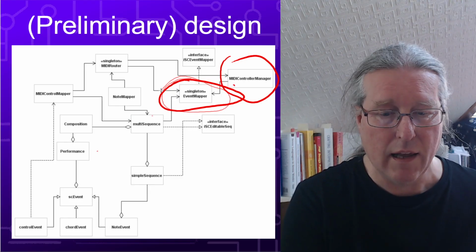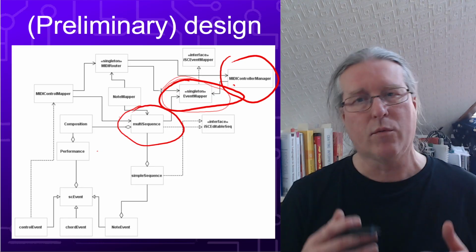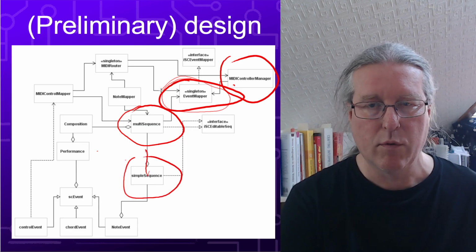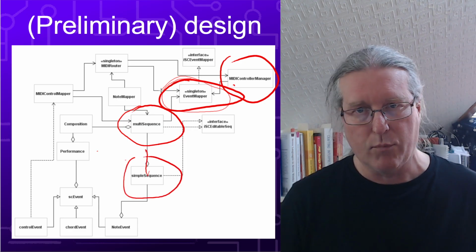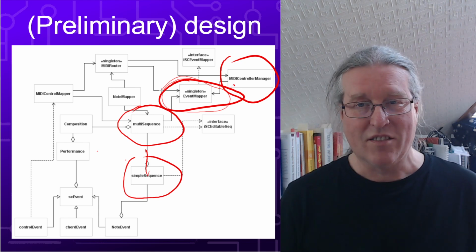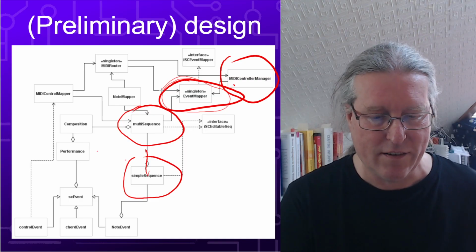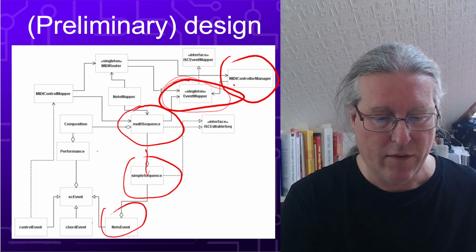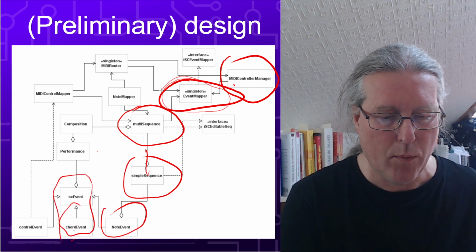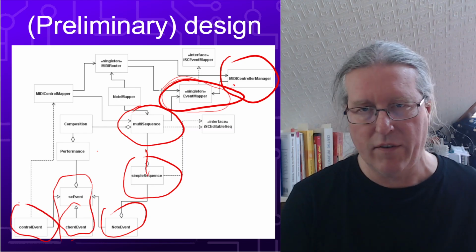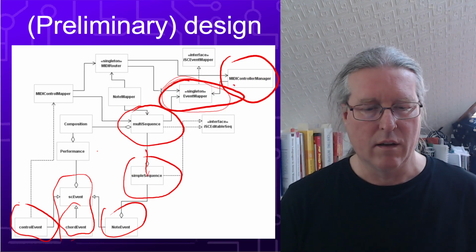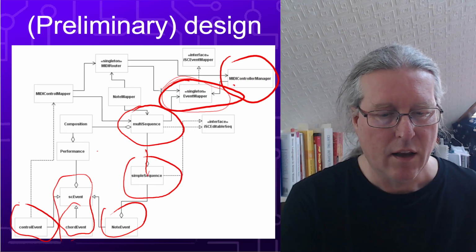So the main class is going to be this thing called a multi-sequence, which is basically a channel. It's a list of simple sequences, which is just a very short sequence, or up to an arbitrary length. I would typically probably have no more than 16 bars, but I'm not going to make that fixed. A sequence consists of note events. Chord events I haven't fully thought through, but they'll go in there sometime. And control events like changing a controller or changing the filter.